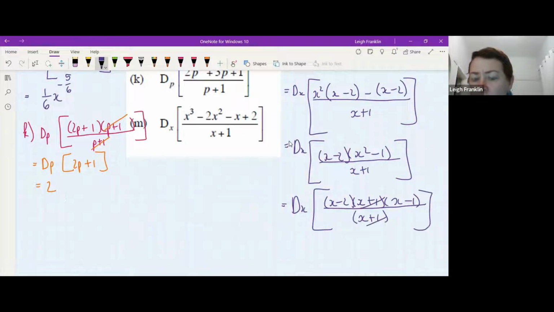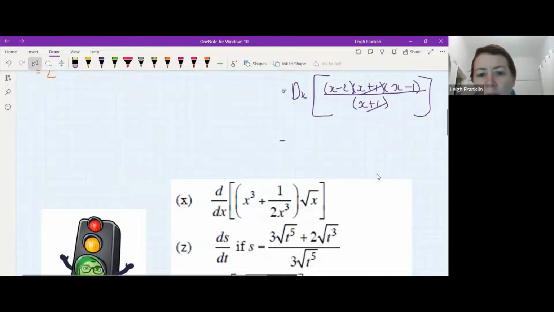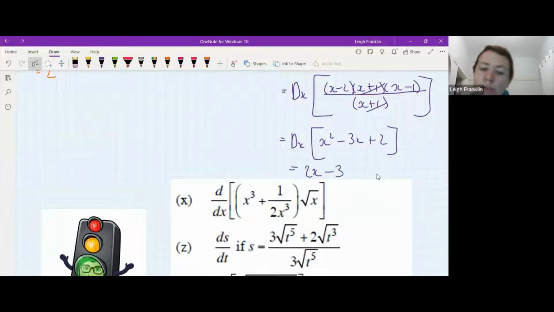That's going to cancel, and now we need to remove those brackets, so that would give us dx of x squared minus 3x plus 2, and now we can finally differentiate. That would give us 2x minus 3.